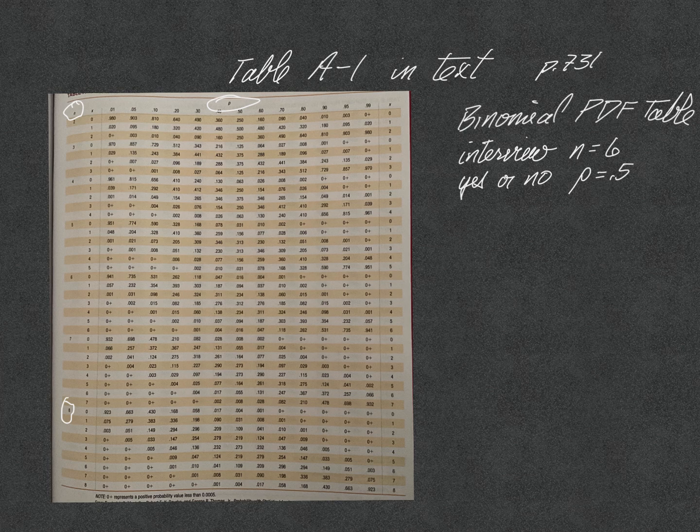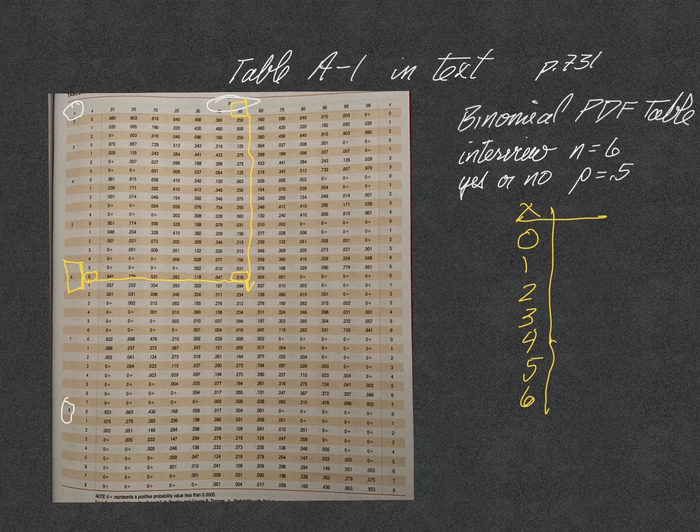Then all we have to do is go to this table and find n equals 6 and the probability equals 0.5, and we go down the probability and across the 6, and that gives us a number for having 0 successes. So if we were making this table, X is the number of successes. Since there are 6 people, 0 could have fired a gun, or 1, or 2, or 3, or 4, or 5, or 6.